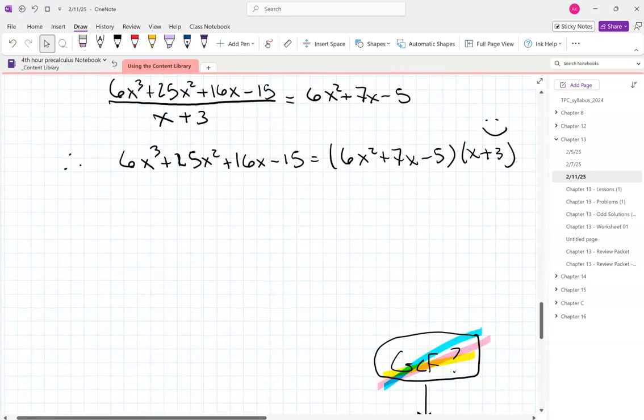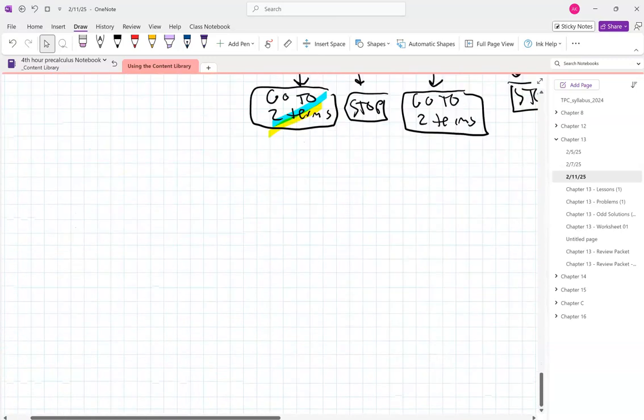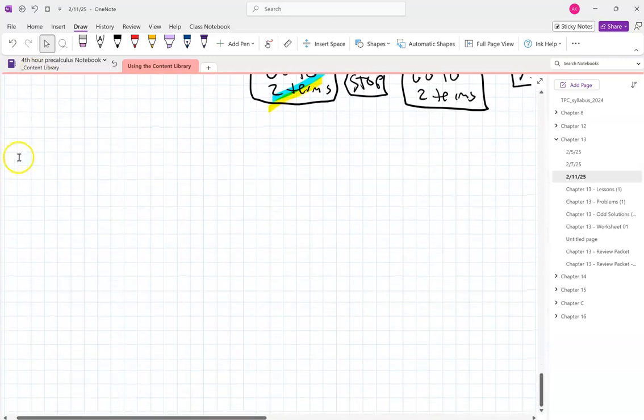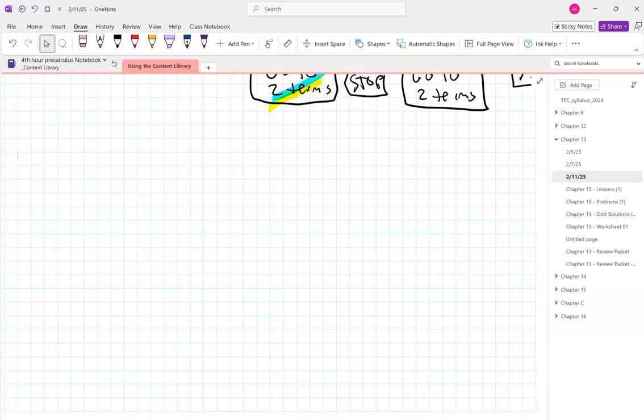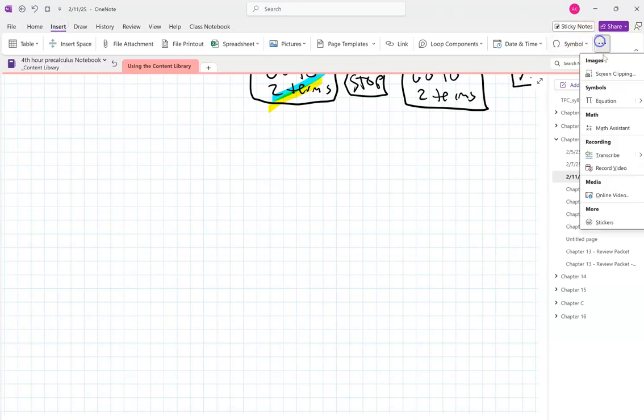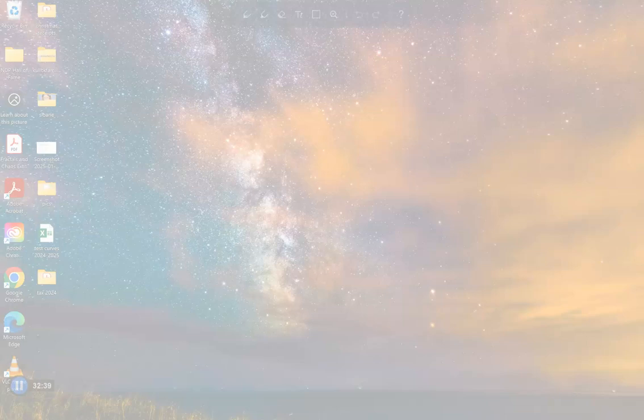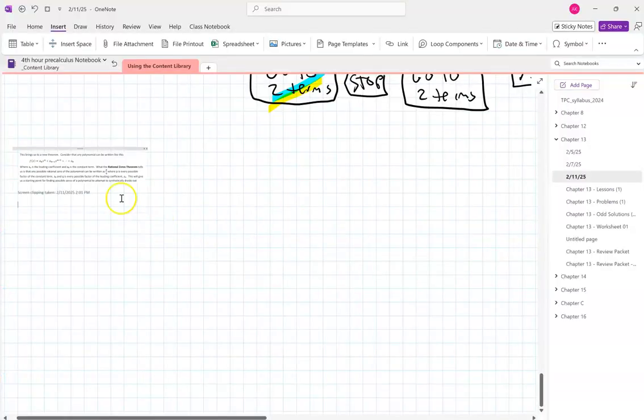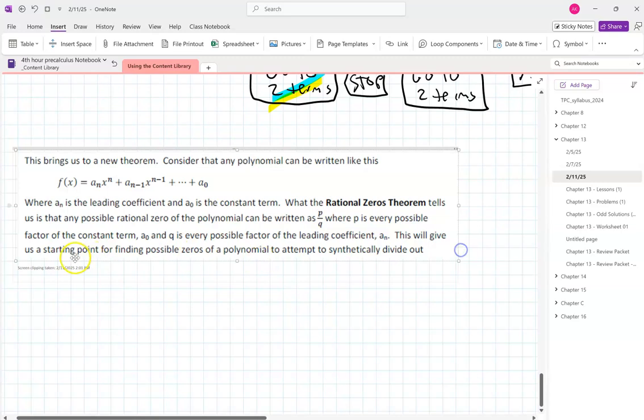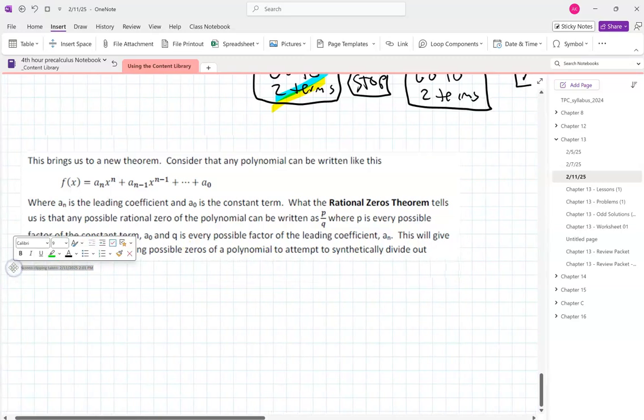There's things you can do without even needing your calculator to weed this down from infinitely many to finitely many. Yeah, that's where we're heading. That's great. So one thing that we can do to weed this down a little bit is use what's called the rational zeros theorem or the rational roots theorem.